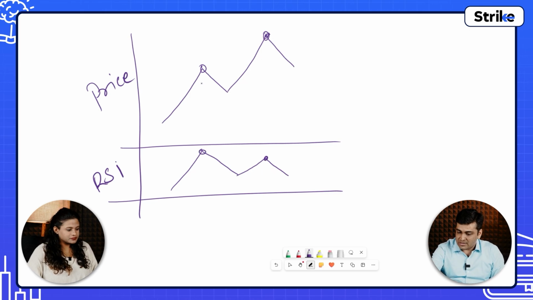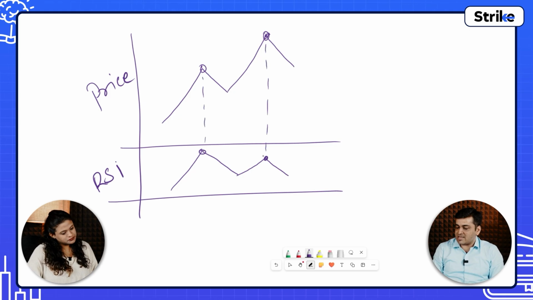So see this. While this top was made, RSI is this, and while this top was made, RSI reading is a little bit lesser. So what has happened? Let's say, for example, the car is going in an upward direction, and it is still going in an upward direction. But at first, when this top was made, the car's speed was, let's say, 80 kilometers per hour.